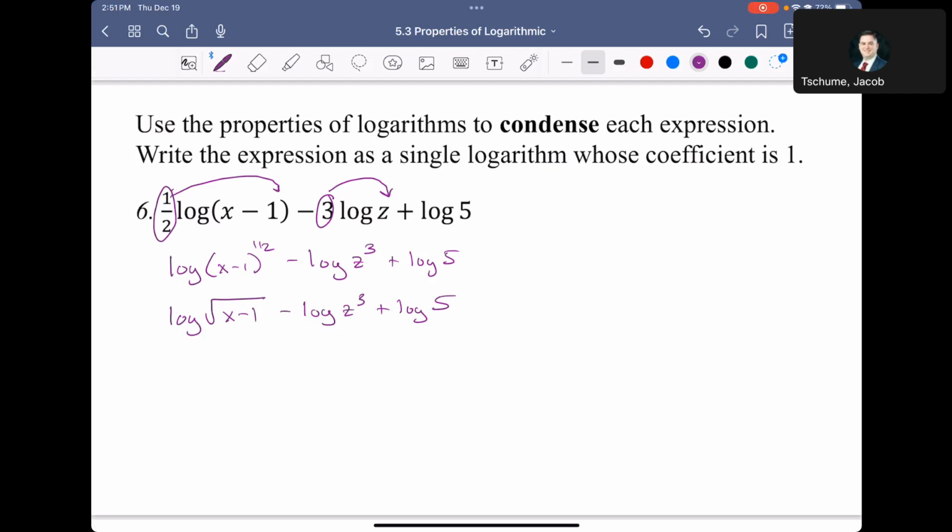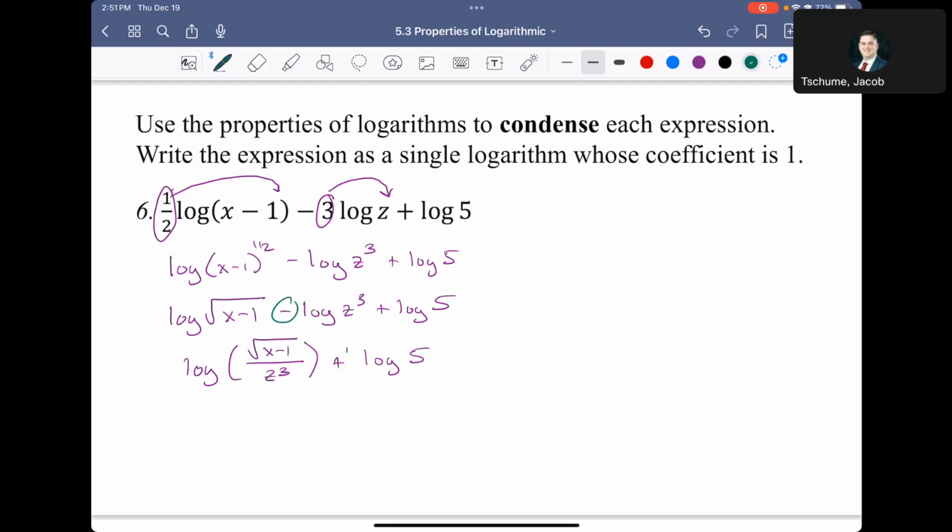And now, just like any good problem, I'm going to work from left to right. The first thing I notice is that our first 2 logarithms are being subtracted, so I can combine those with division. So this would be the log of the square root of x minus 1 over z cubed plus the log of 5.